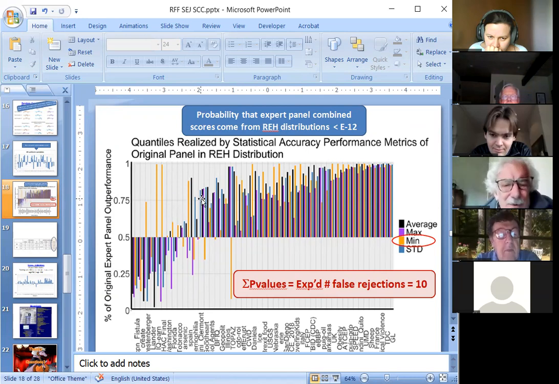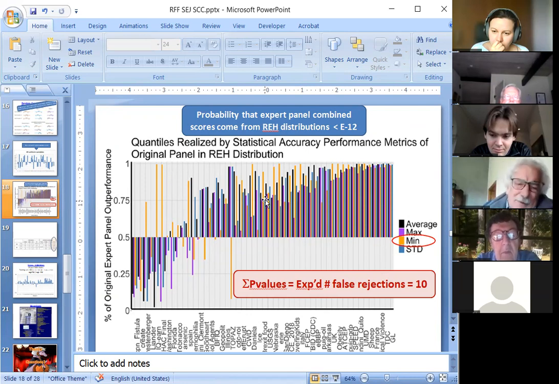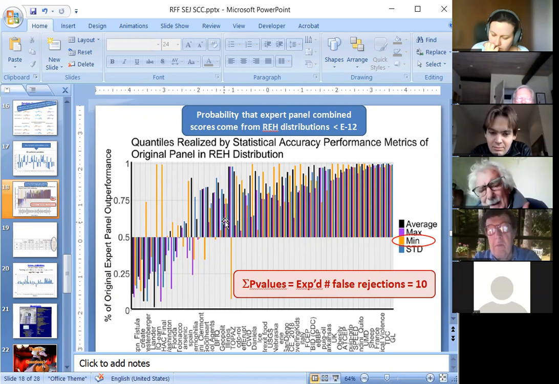And so now you can say the amount of color above the line says that the random expert hypothesis is not doing very well, but especially the minimum. And this is something I've never really thought about, or only tangentially, but now it really kind of hits you in the face that the expert effect is actually strongest at the low end.